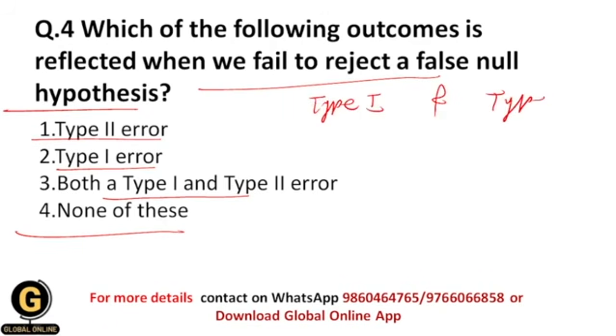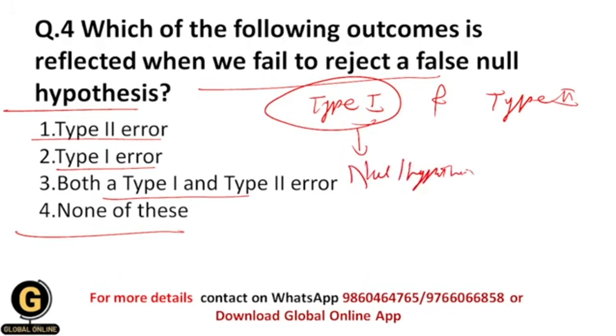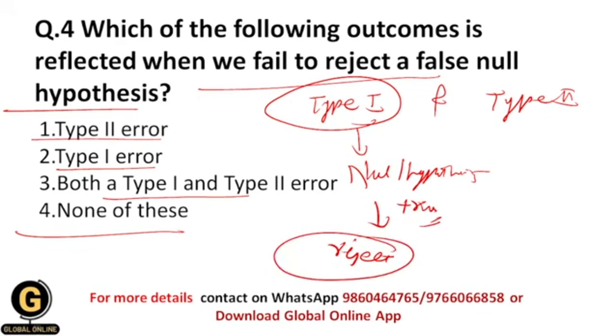and type 2 error. Okay, so within the type 1 error, when it will happen, or what is the outcome? So basically whenever there is null hypothesis, okay, and you are going to reject the null hypothesis, though it is true, okay, this null hypothesis is true, but still I am going to reject it. So in that case type 1 error will happen.